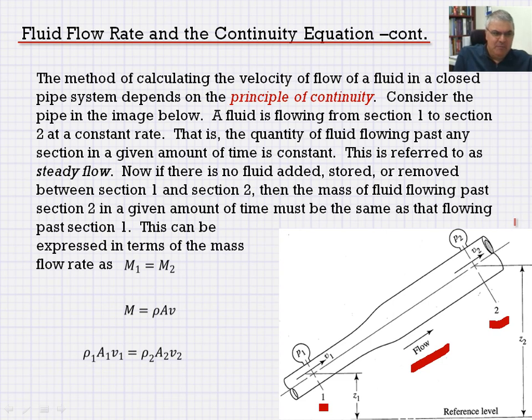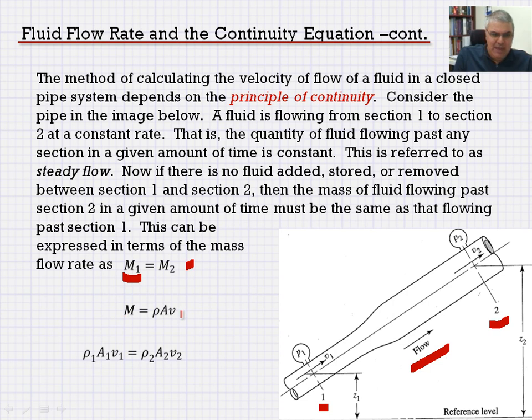But the principle of continuity governs if we don't add any fluid, store it, or remove it between these two sections. As such, M1, the mass flow rate at point 1, is the same as the mass flow rate at point 2.